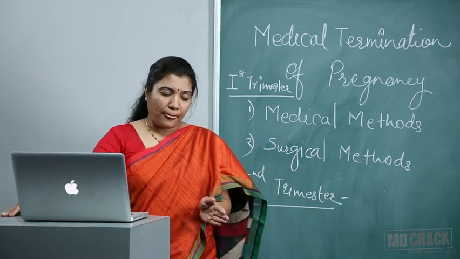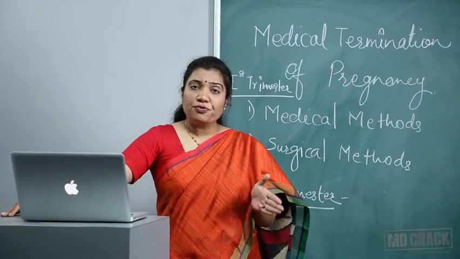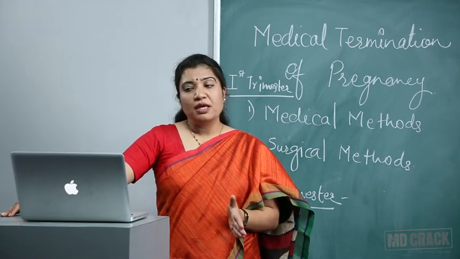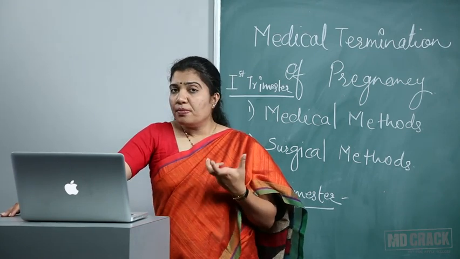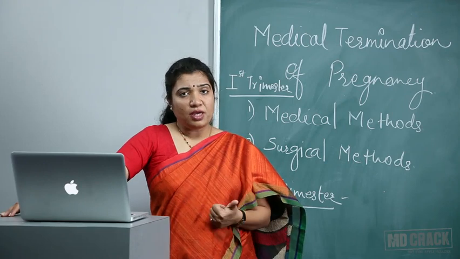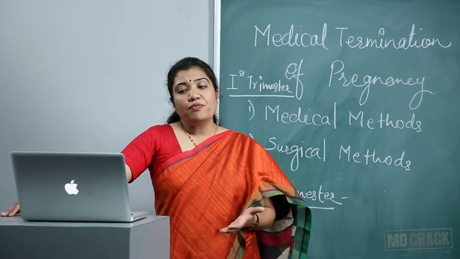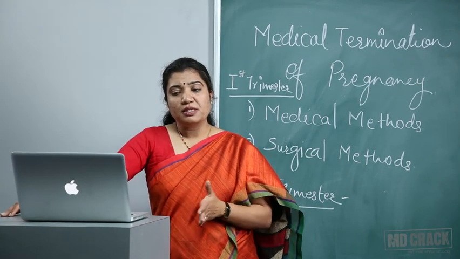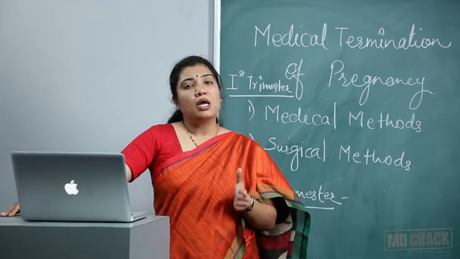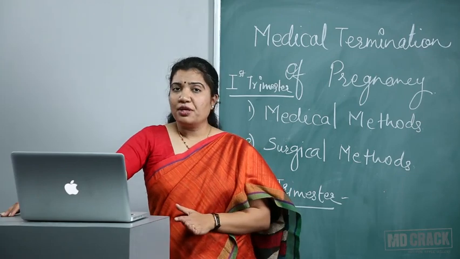Now once the pregnancy is of more duration, then we should go for methods like either MVA, that is manual vacuum aspiration, or we can go for other surgical methods, that is suction evacuation and or dilatation and evacuation.